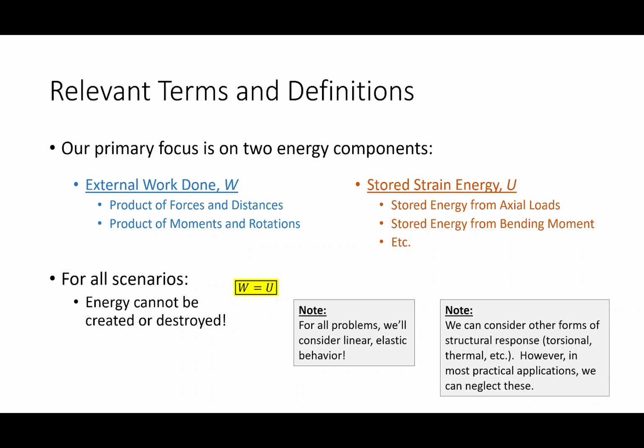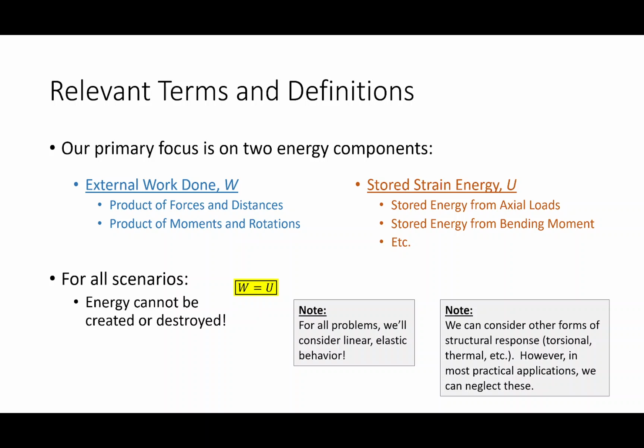Now, a couple things. We're going to do linear elastic behavior in here. Most structural analyses assume that behavior. Some don't, and there are some specific applications where you actually perform a nonlinear analysis. They're usually very specific, and in practice we try to make it as straightforward as possible.